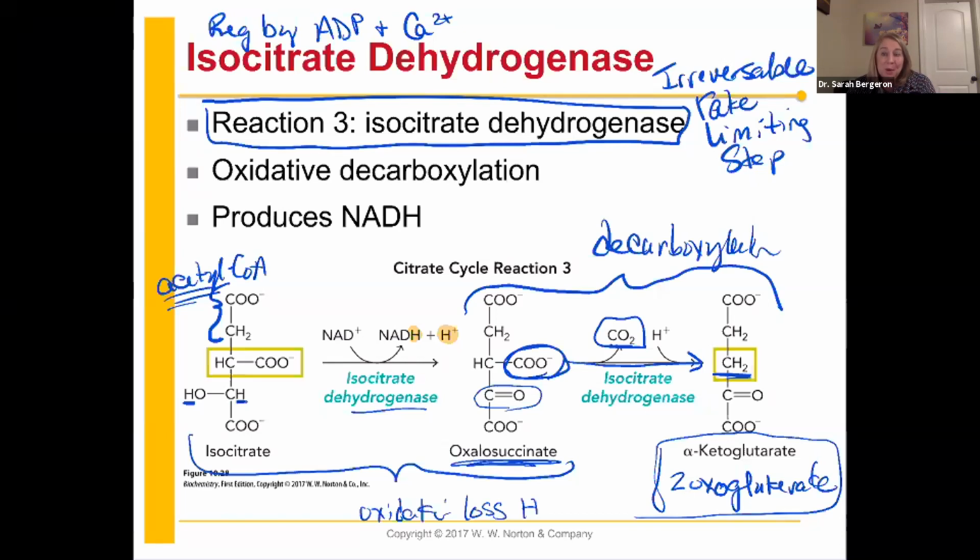And so this will promote isocitrate dehydrogenase. Whereas on the other hand, our inhibitors are ATP, right? That makes sense. And then NADPH, right? These are negative effectors.